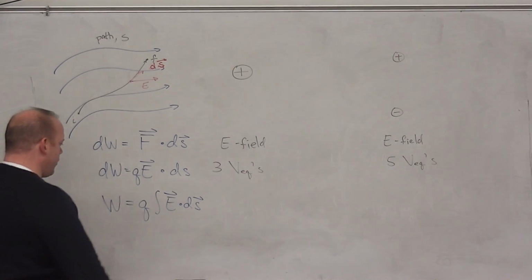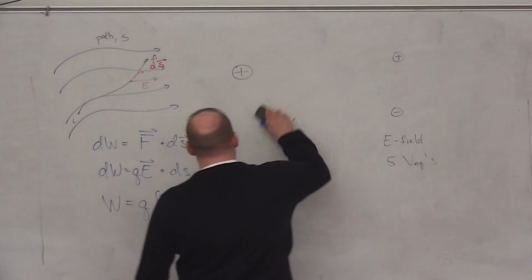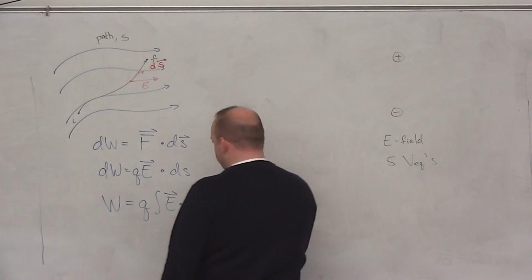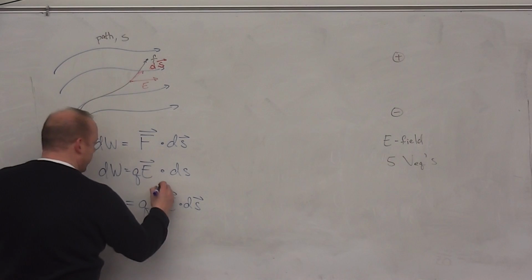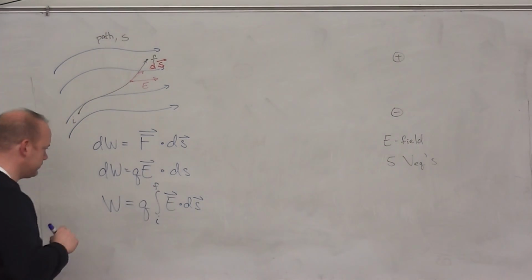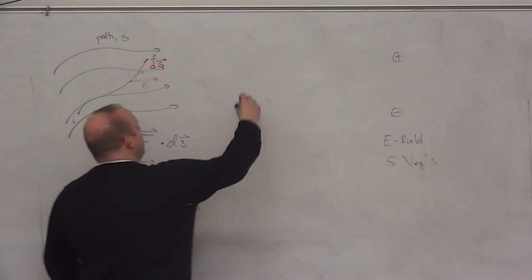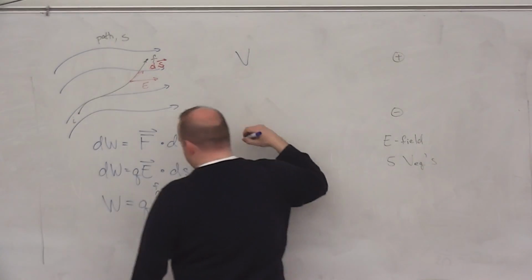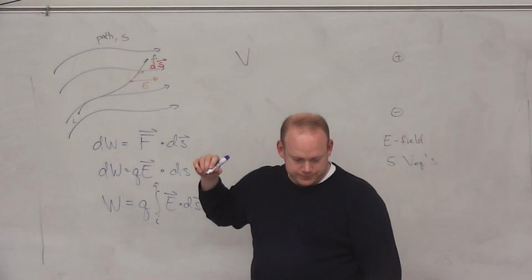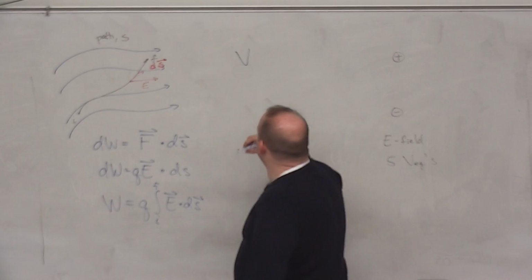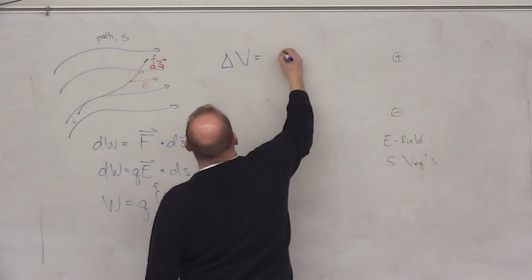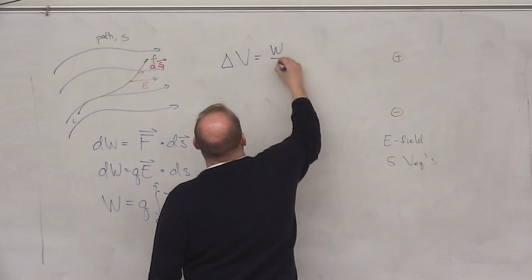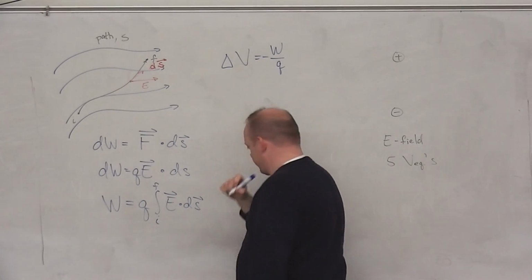This is going to be from my starting point, initial, to final. Well, now, potential, my delta V, really, is going to equal the work done per unit charge, with a negative.